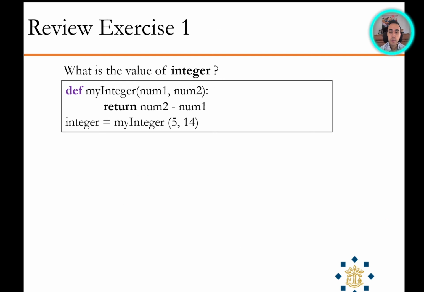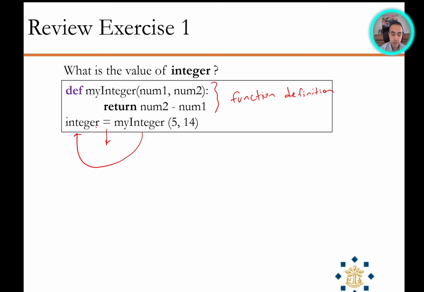Okay, so let's do a couple of exercises. So here, what is the value of integer? So this is our function definition. And down below, we have an assignment that assigns right-hand side to the left-hand side.